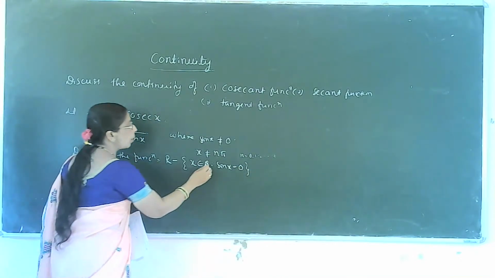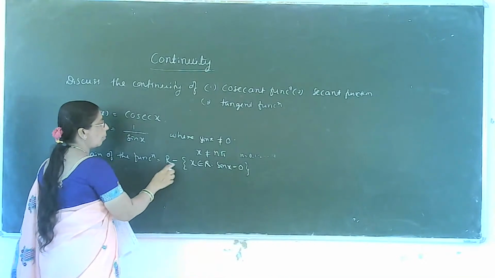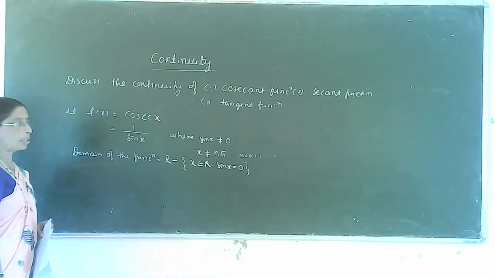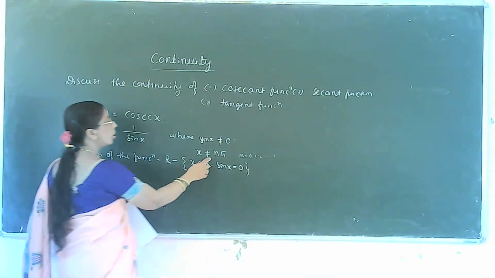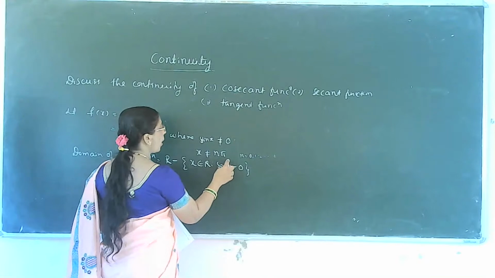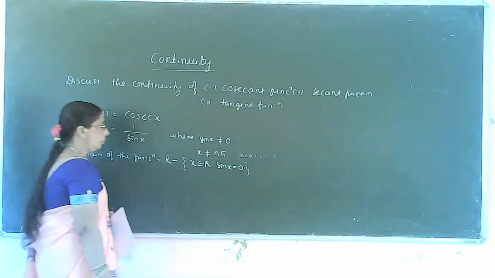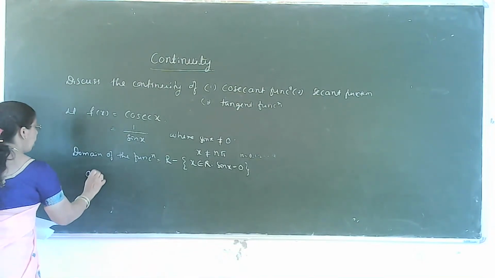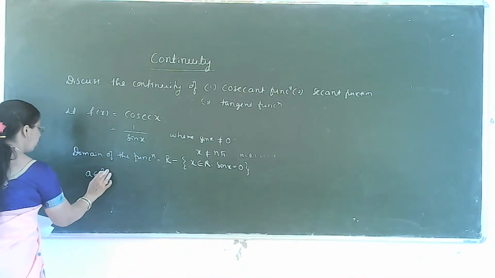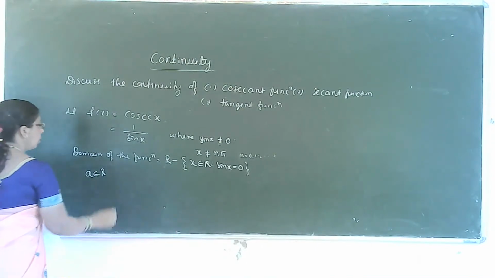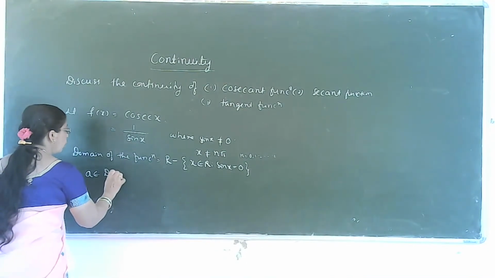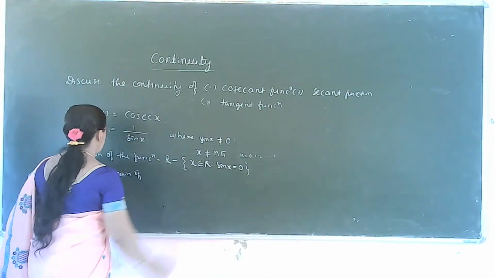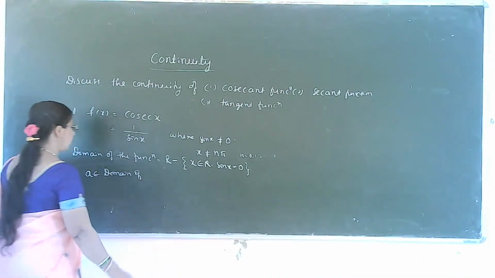Where sin x is 0, those points are not in the domain. So x belongs to R, but x is not equal to n pi. Then a belongs to the domain. The domain of f is R minus this set.